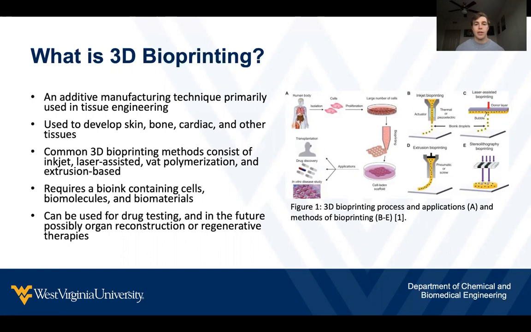It starts out by isolating cells from either a patient, an animal, or another source, which is then incorporated into a bioink, which contains the cells, biomolecules, and other biomaterials. This bioink is then used in different bioprinting methods, which can be inkjet, laser-assisted, vat polymerization, and extrusion-based, which I will talk about in more detail later.